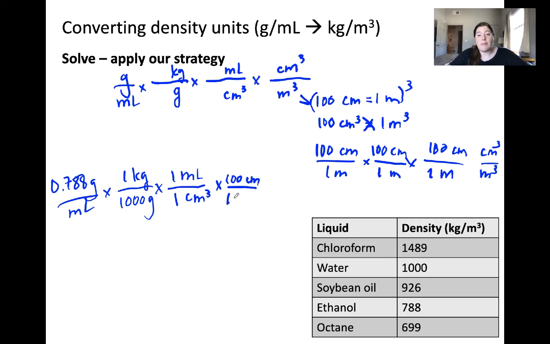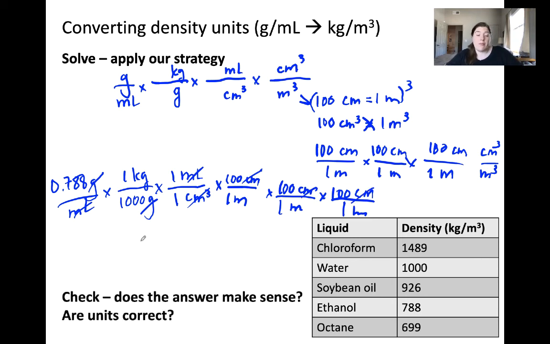Centimeters on the top so that it will cancel with the centimeters cubed on the bottom. When we do the unit analysis, grams cancels, milliliters cancels, centimeters cubed, remember, centimeters, centimeters, centimeters, that's a centimeter cubed, so that cancels.